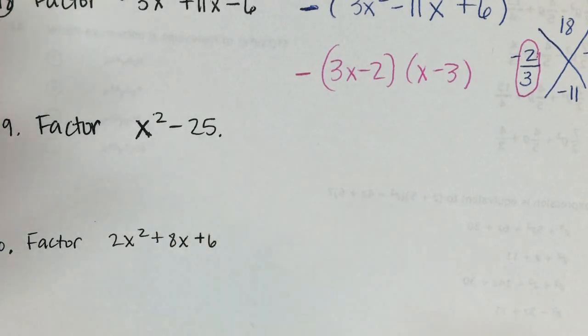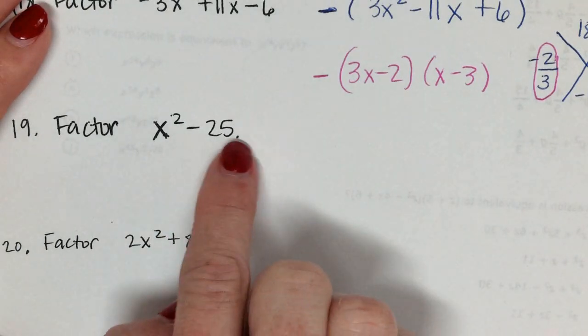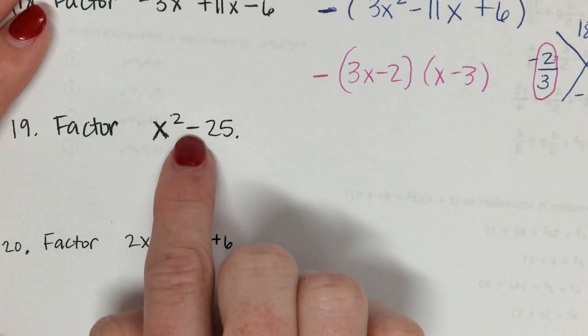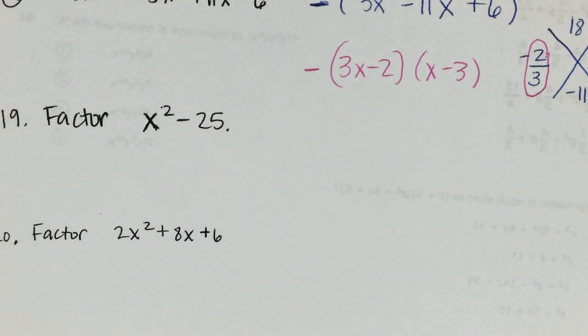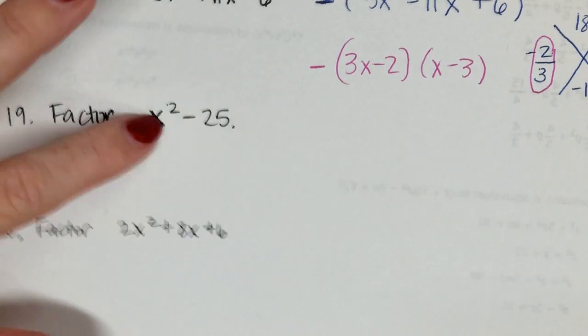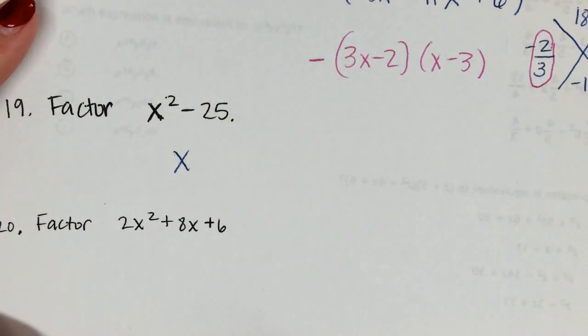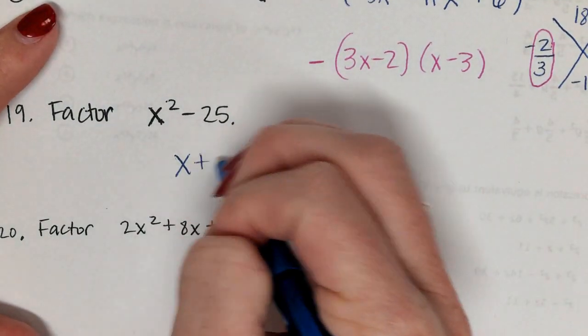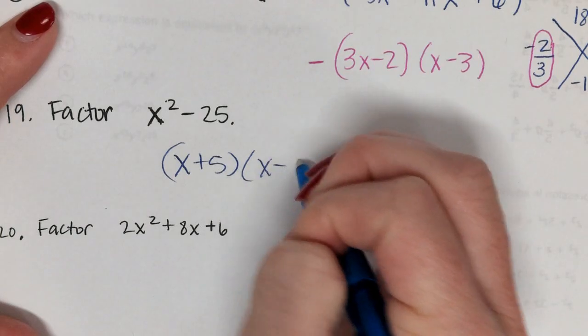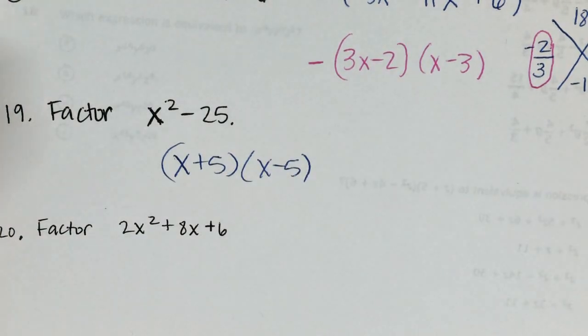When you do this, you can do the X method and it will work, but I just wanted y'all to see that if it looks like this and it's just a squared minus a perfect square, it's literally just going to be the square roots. What is the square root of x squared? X. And what is the square root of 25? So it would be x plus 5 for one of them and x minus 5 for the other. It is just a rule that works for perfect square binomials.